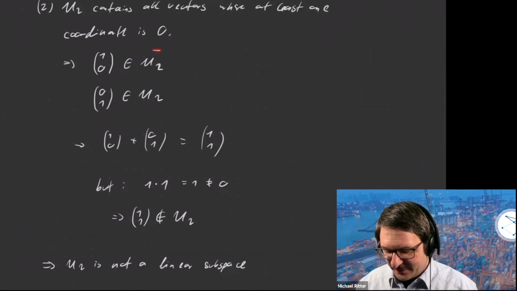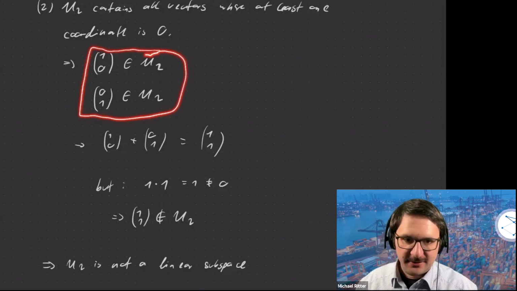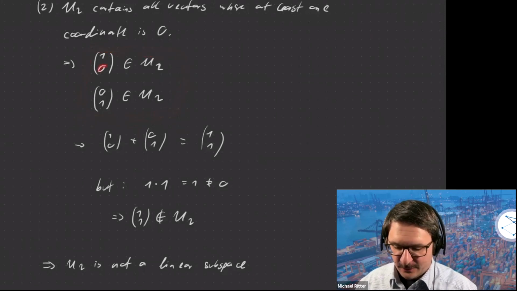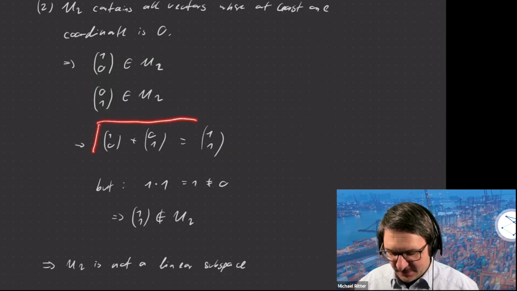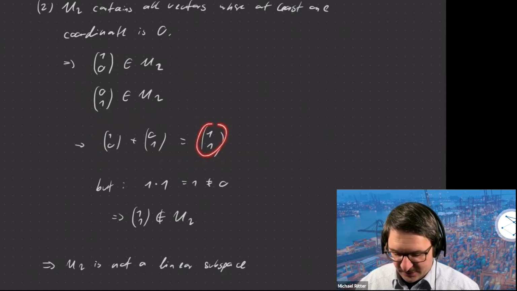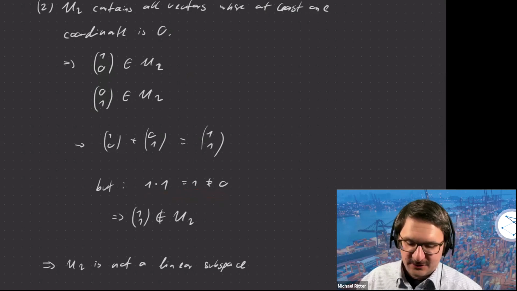And I came up with two vectors that were contained in that space U2, these two here, because they have 1, 0 coordinate each. And then I prove that their sum is not contained in U2, and their sum is 1, 1. And 1, 1 does not have the property that first coordinate times second coordinate is 0, so that's not contained in U2. So that is the counterexample I came up with.